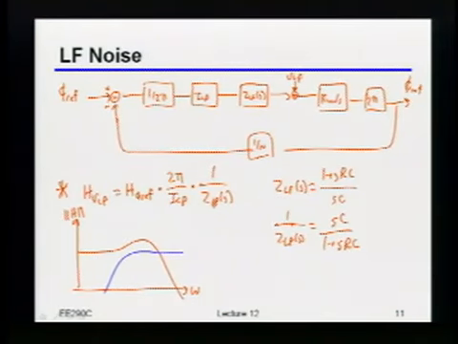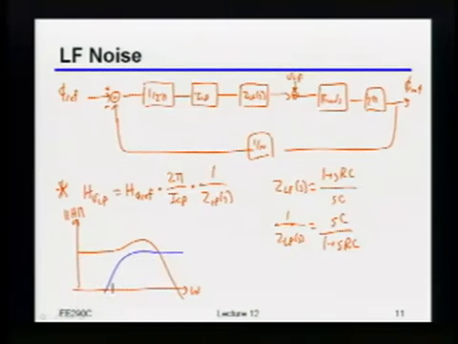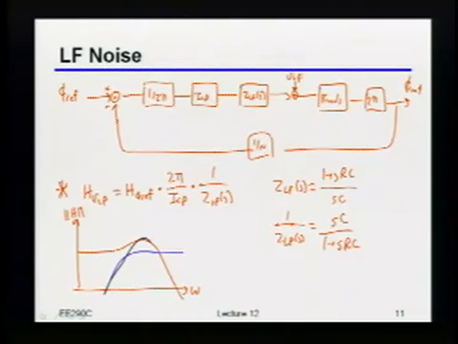It's bandpass, because I take this, which is high pass, and multiply by the low pass, and overall you get something that looks bandpass. The whole thing basically looks bandpass like this.